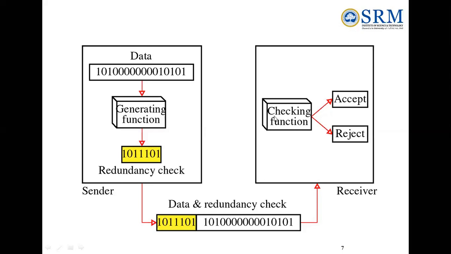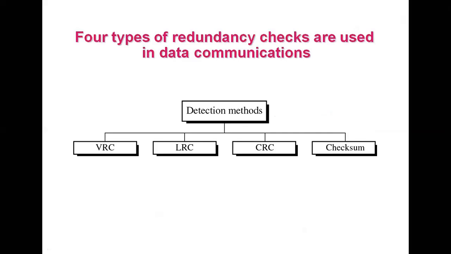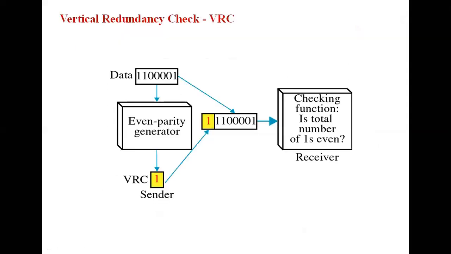So this is the block diagram of CRC, and you could see here there are 4 types of redundancy we can use in data communication. The third part, you could see the CRC. This is not a CRC. This is parity information, a vertical parity.